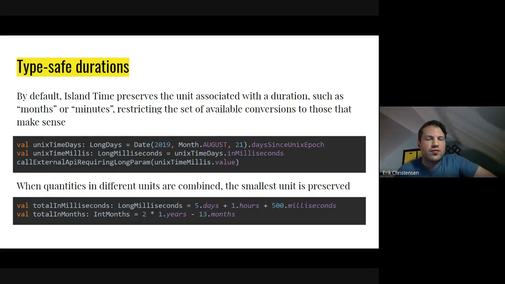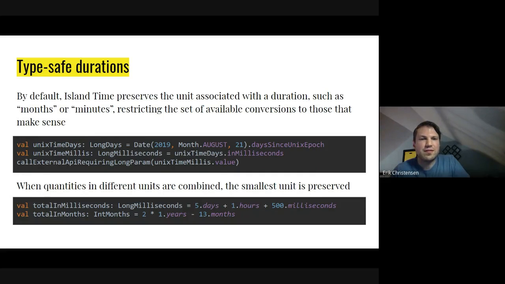By default, Island Time preserves the units that are associated with a duration, like months or minutes, restricting the set of available conversions to the ones that actually make sense. So on a date object, I can get the days that have happened since the Unix epoch of January 1st, 1970, and then I can say in milliseconds and convert that into a number of milliseconds since 1970.